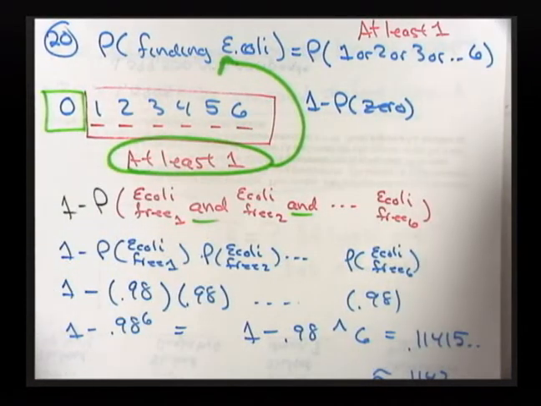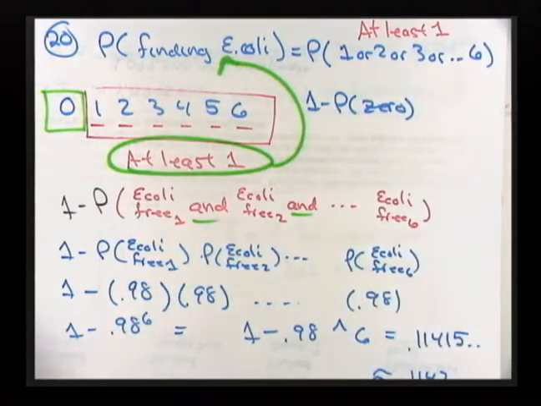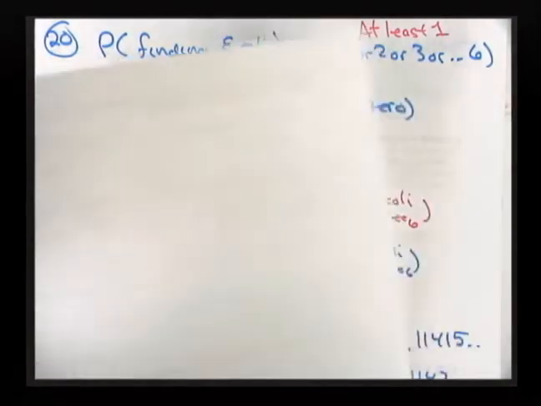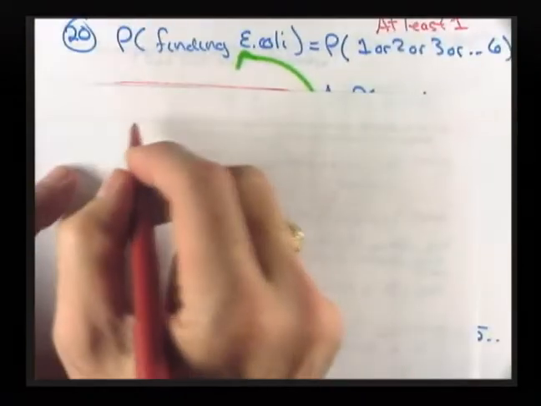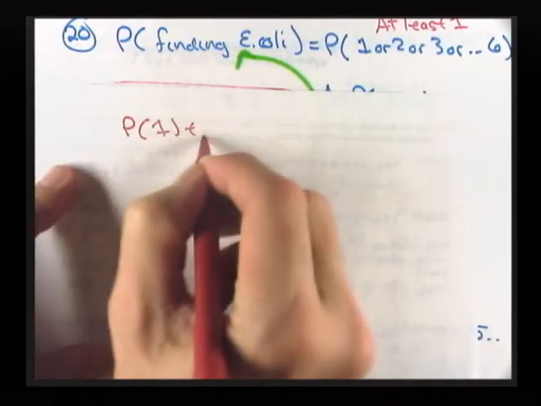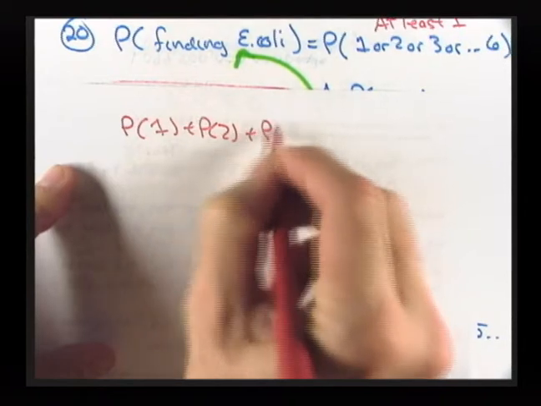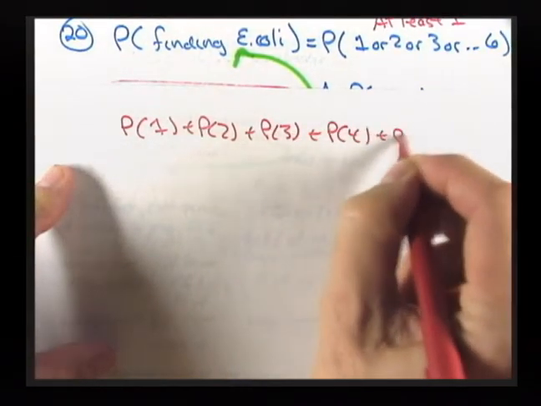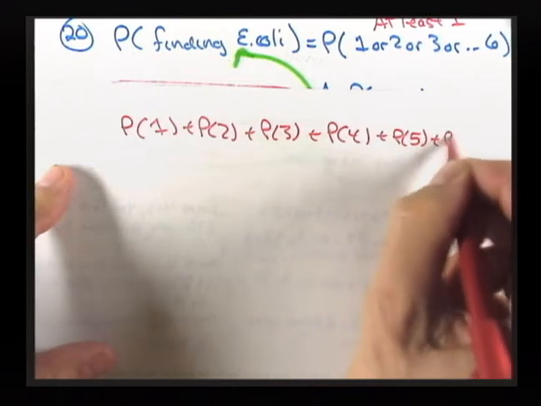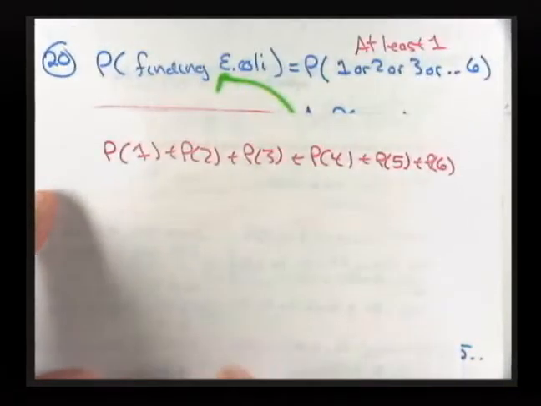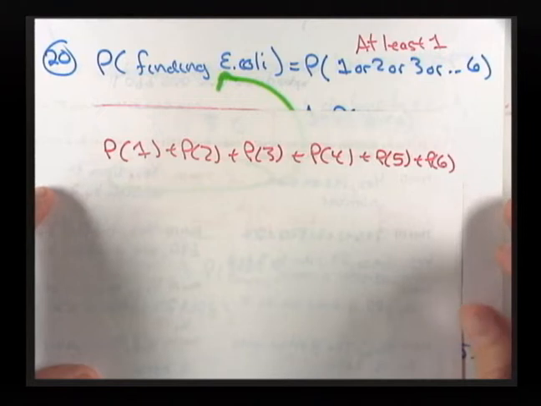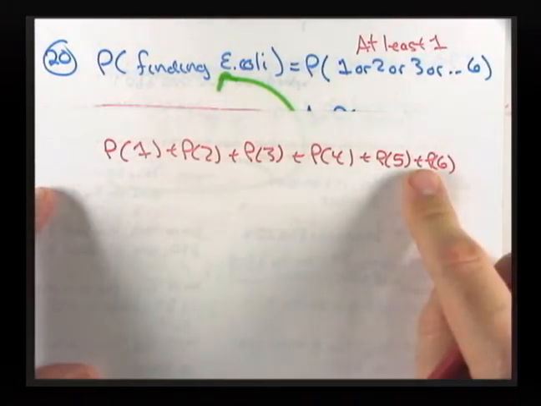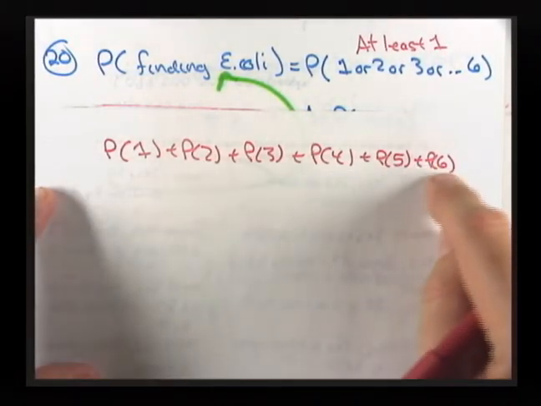What would that be if I do at least? That'd be a lot of work, because you would have to go through and calculate the probability of 1 plus the probability of 2. You'd have to calculate all of these, and quite honestly, we don't have enough machinery yet in our tools to calculate some of these probabilities. It goes beyond what you know at this point.